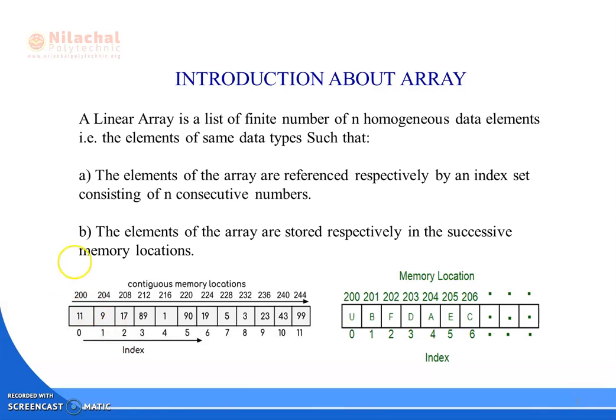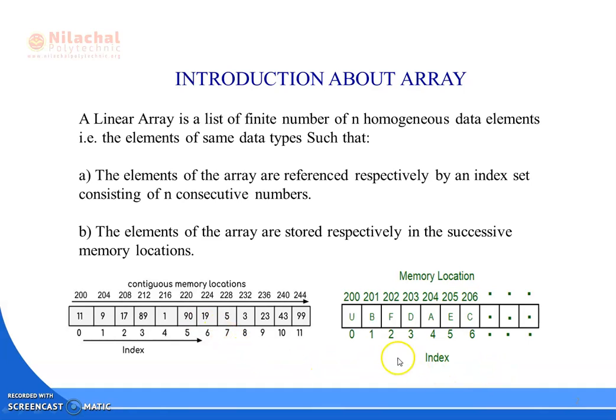Here we can see in the diagram that each block or each element is of 4 bytes. So the first memory allocation is 200, next is 204, next is 208, next is 212, 216, and so on. So that means the elements of the array are stored respectively in successive memory allocations, or we can say contiguous memory locations.